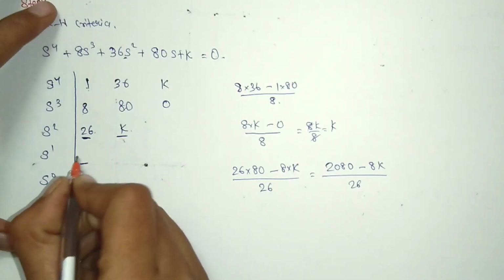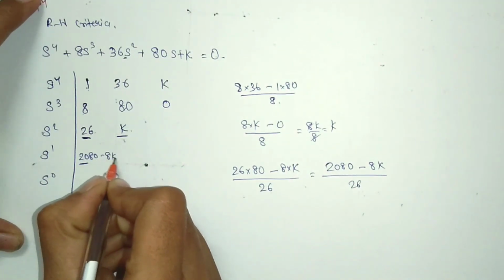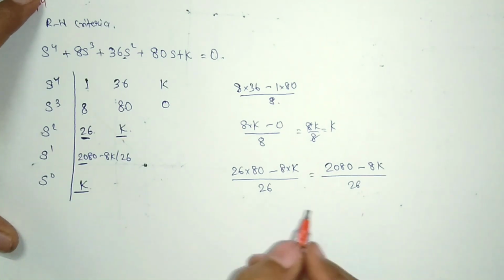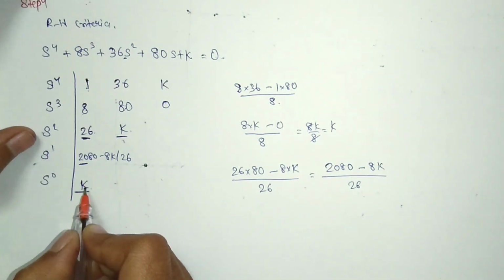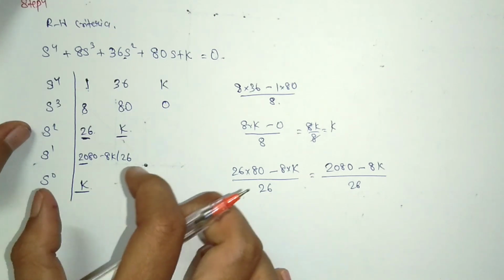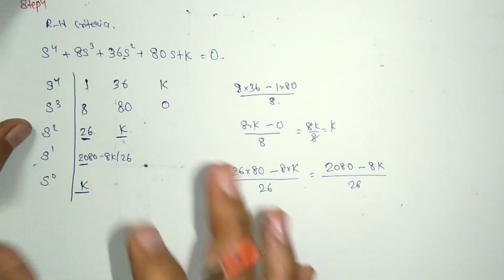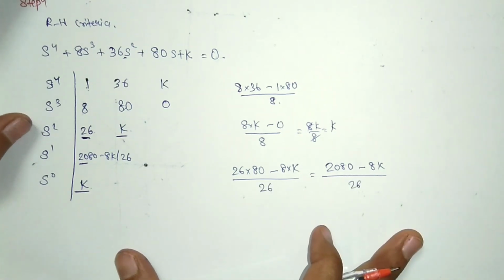So we will get 26 into 80, which is 2080, minus 8k, divided by 26. After calculating for this we will again get k. So until you get k in the last row, you have to do the process correctly. Otherwise, if you don't get k here, then you have done something wrong in your calculation.